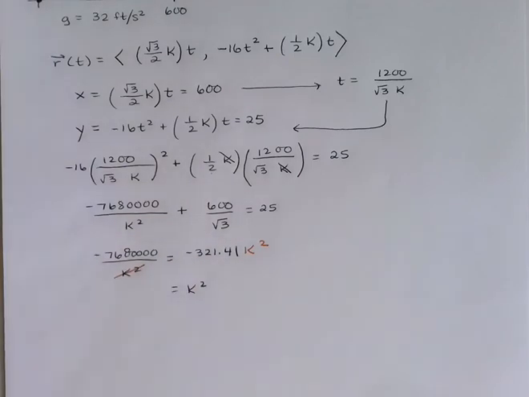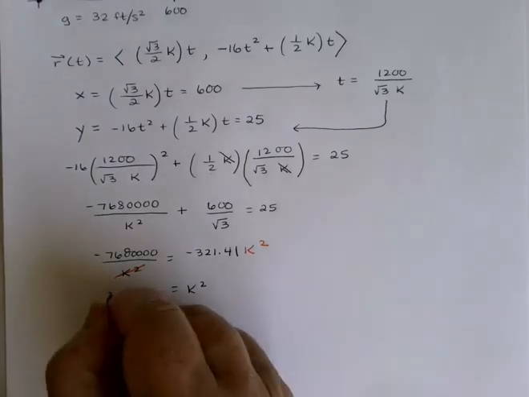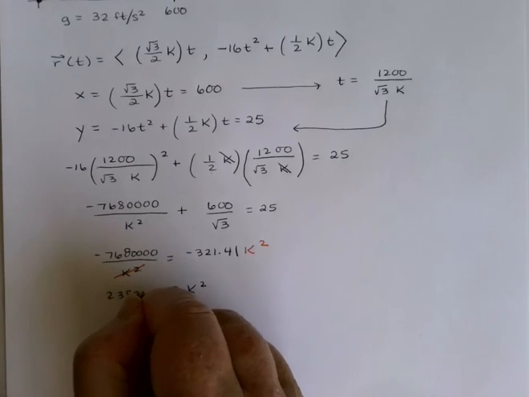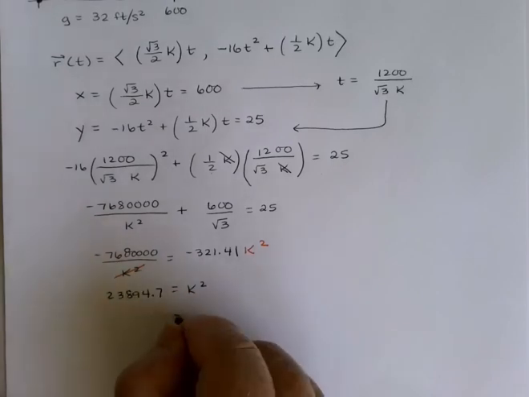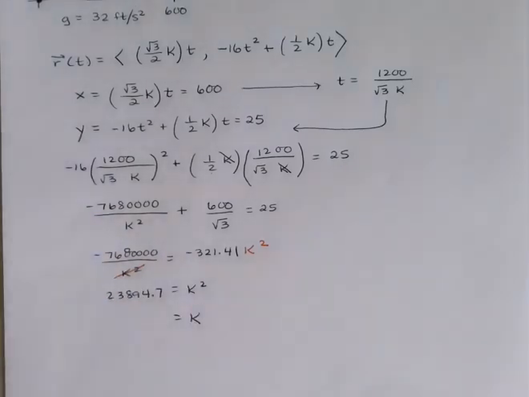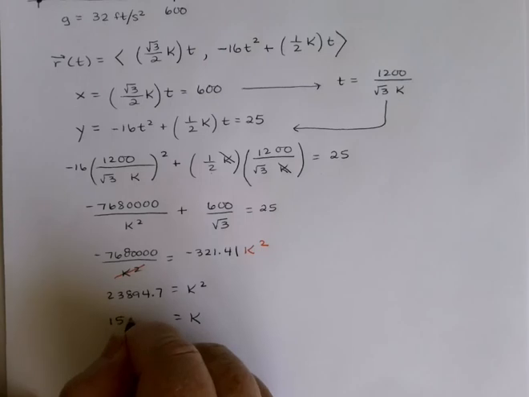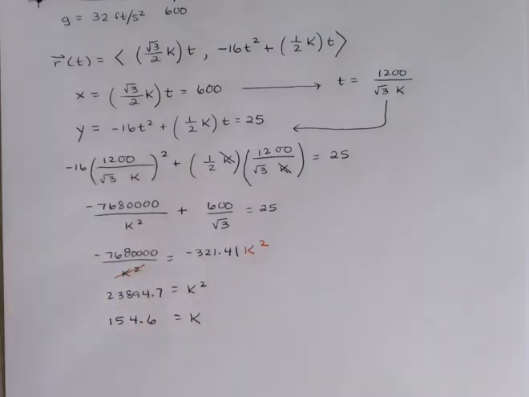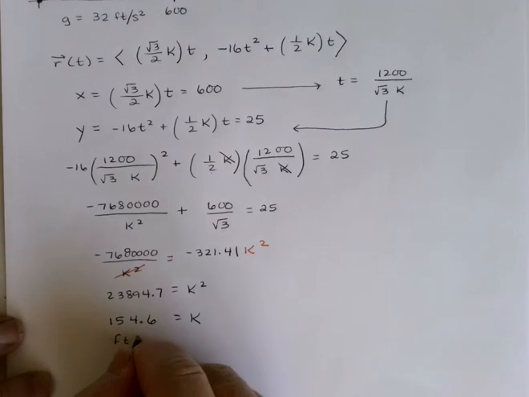And we're just about there. Divide. Gives me 23894.7. And taking the square root, 154.6, let's call that. And that would be in feet per second, since it is a speed.